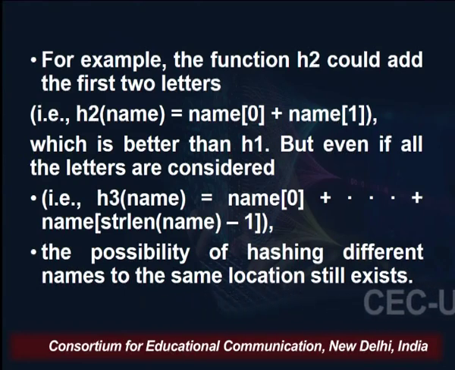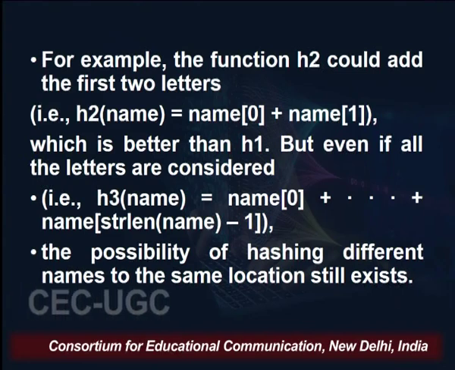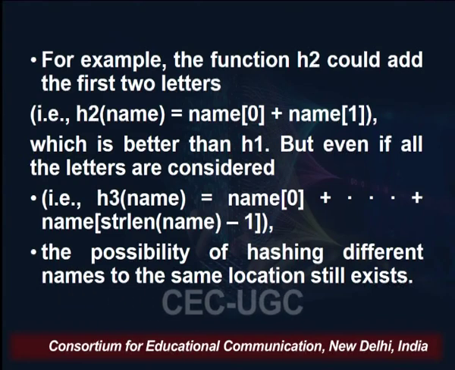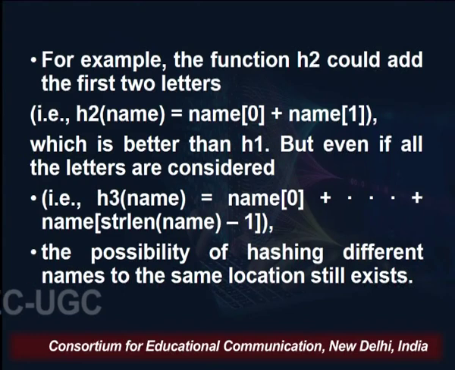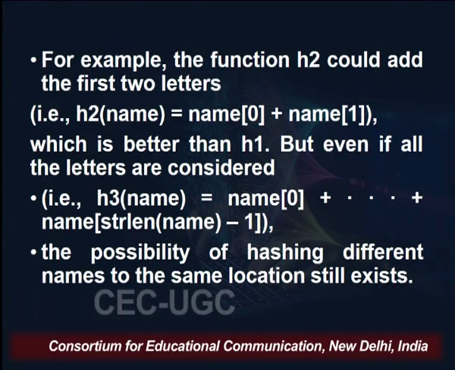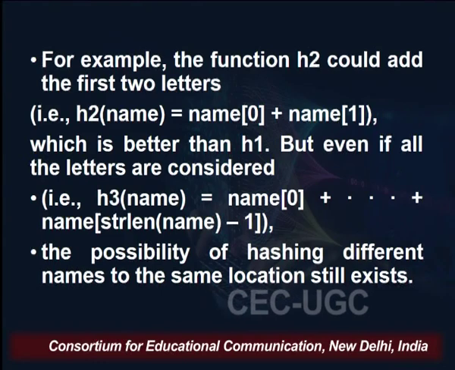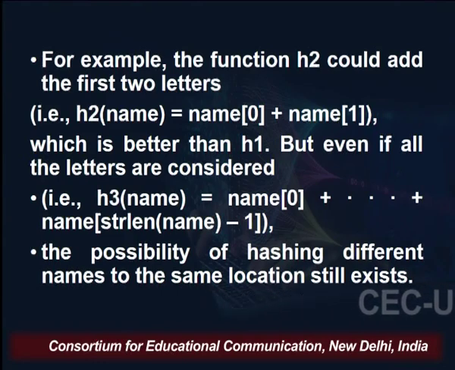We can say that yes, certainly it is better than h1, but this is also not going to give you all the keys in a collision-free manner. So what do we need to do? Can we improve upon this?